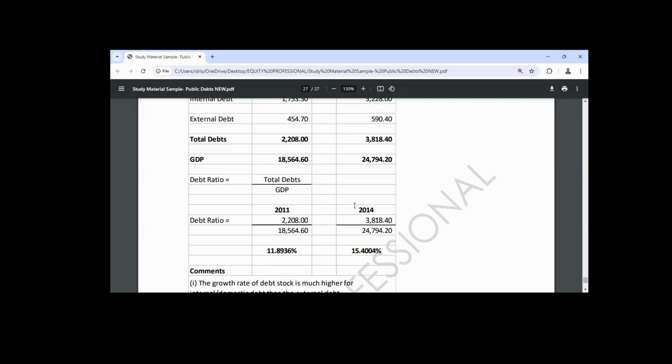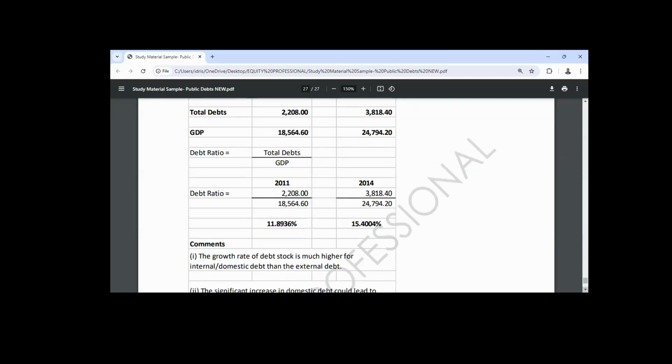For 2014, your total debt is 3818.40 divided by 24,794, so you are going to get 15.4004%. That is your debt ratio for 2011 and 2014.